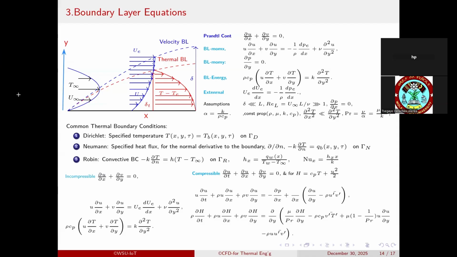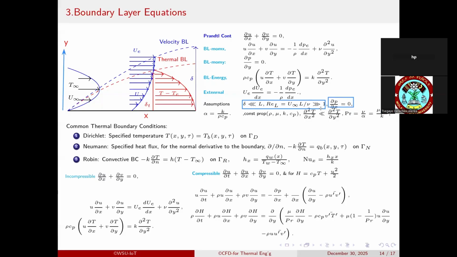The assumptions of the boundary layer are delta much less than L, high Reynolds number, R_L greater than the corresponding set limit, dimensionless form. Negligible normal pressure gradient, partial p by partial y equals 0.